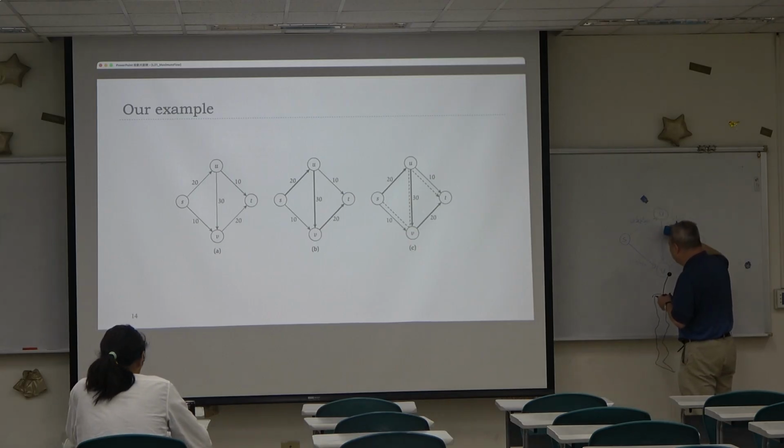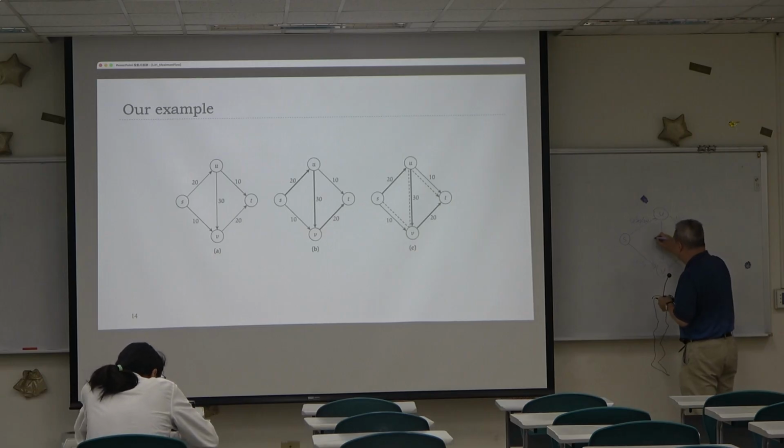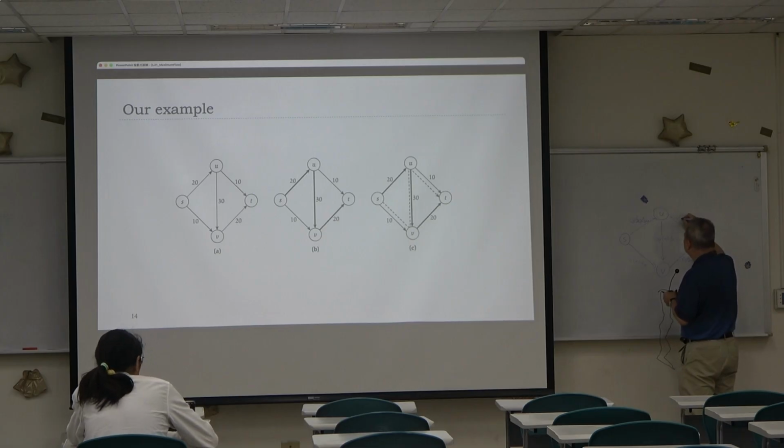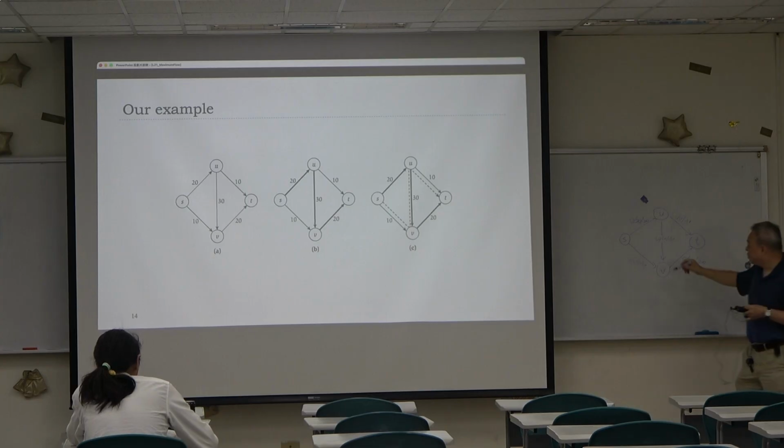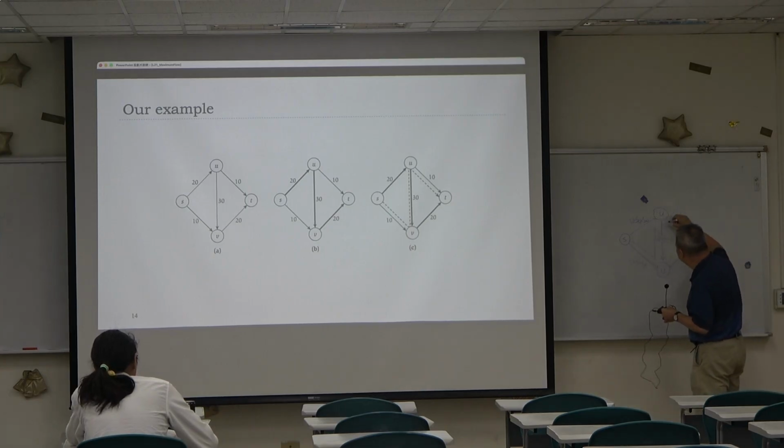So this one will be updated to 20, 10, negative 10. And this one will be 10, 0, so 0, 10. Because we will use this one, this one, this one.